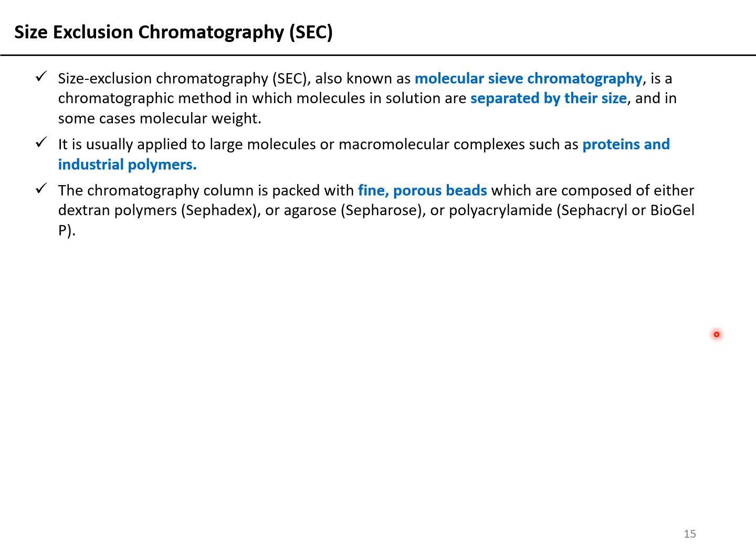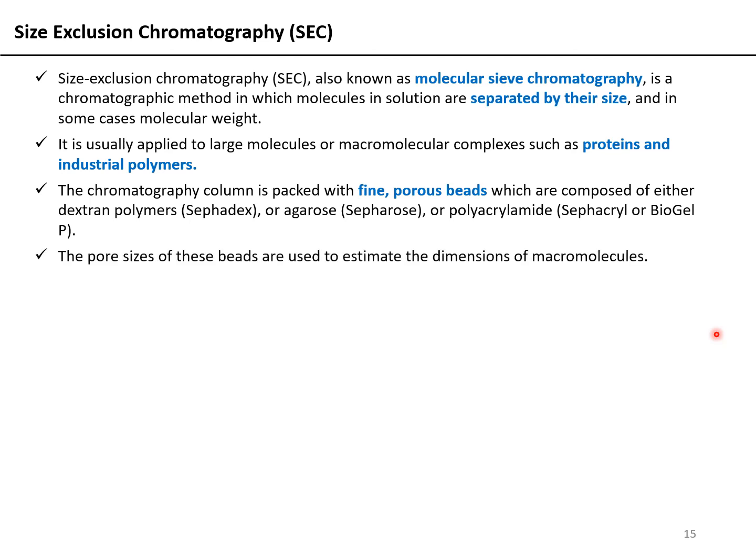So you can't really have one SEC column that provides good resolution for the entire range. You have to select your chromatographic column accordingly, depending on the size of your protein of interest and at what size you want the best resolution.